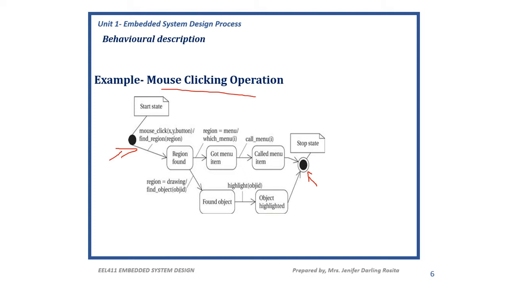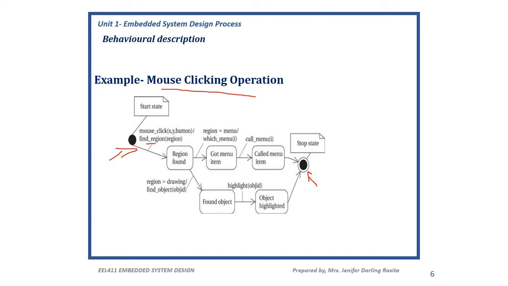The comment box says the state has started. To indicate the start state, you have a dark circle. To indicate a stop state, you have a dark circle followed by another circle, which indicates the state has finished.